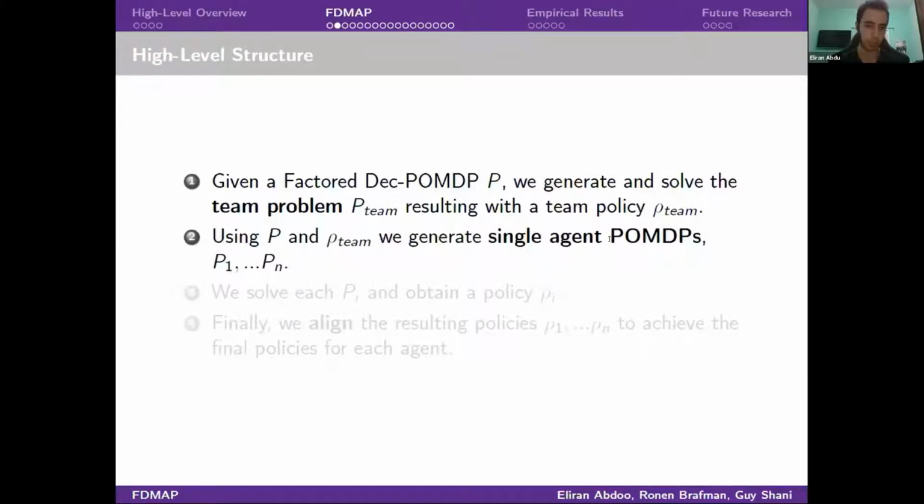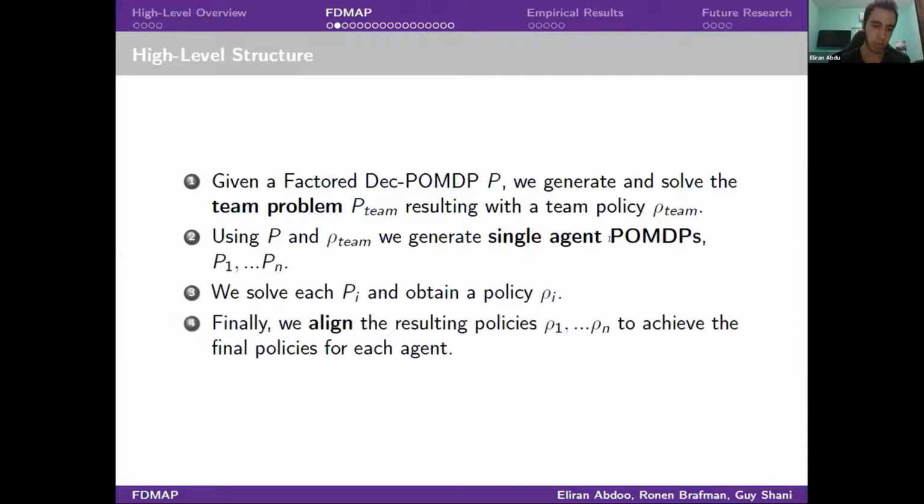Then by using that original problem P and our team policy, or team solution, we generate different single agent POMDPs, which are the factorization of the original problem, denoted by P1 to Pn, one for each agent. And then we solve each of these Pi and obtain a matching policy rho.